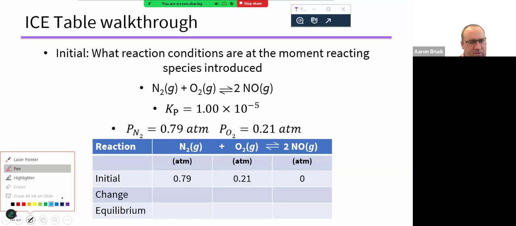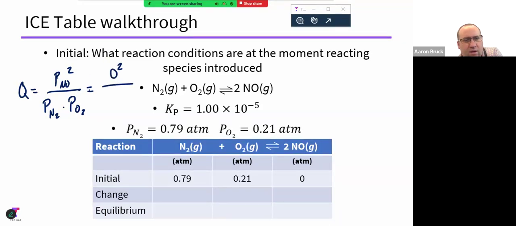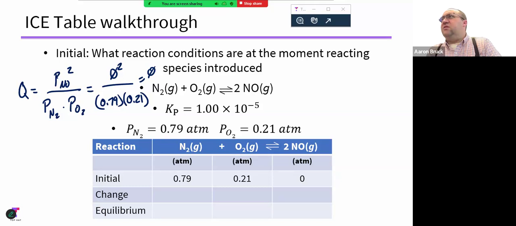Now, if we wanted to, we could set up an expression for Q here. But what we would find is that 0 squared is equal to 0, and it doesn't matter what I divide by after that, it's still 0.